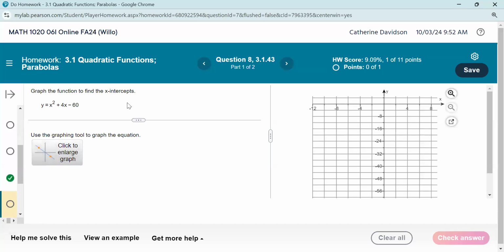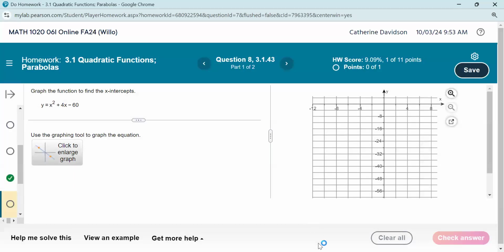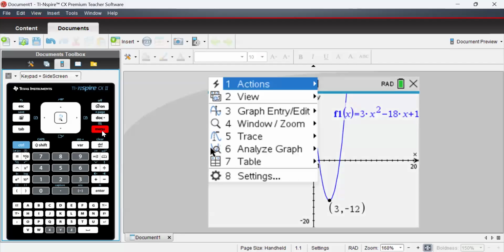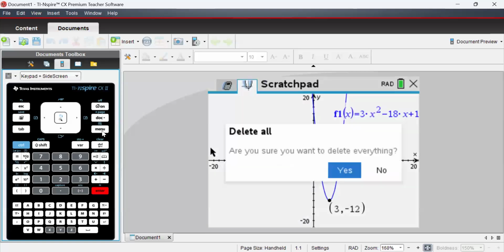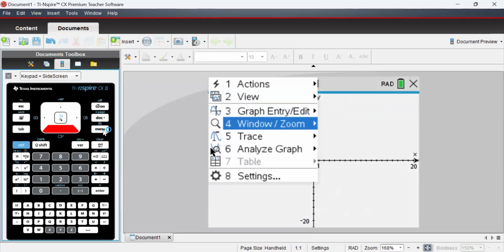All right. So here's another one. Let's get a good look at the window. So X min would be negative 12, X max would be 8, Y min could be below negative 64, Y max, you could do 0. It doesn't have to be exact, just fairly close. So menu, actions, delete all. And I'm going to adjust my window first.